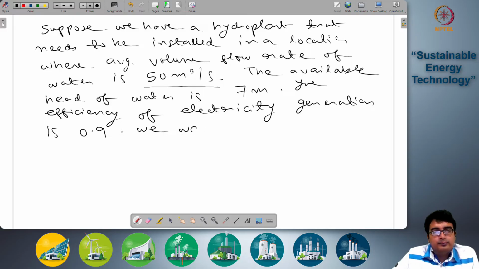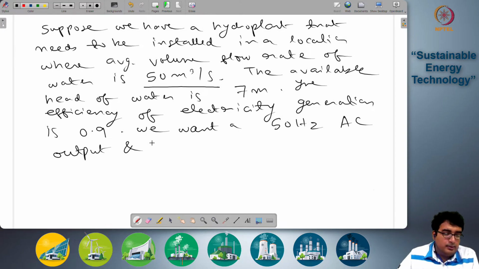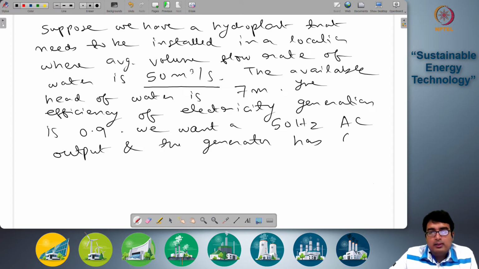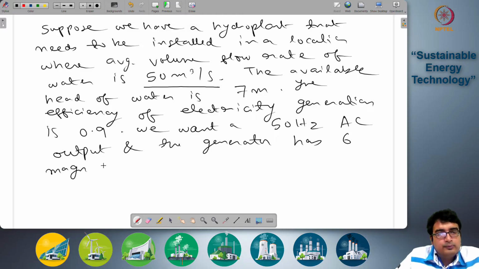We want a 50 Hertz AC output, and the generator has 6 magnetic poles.